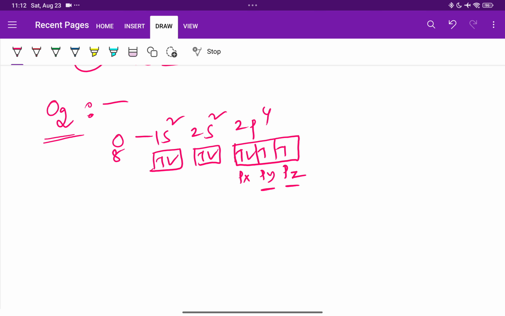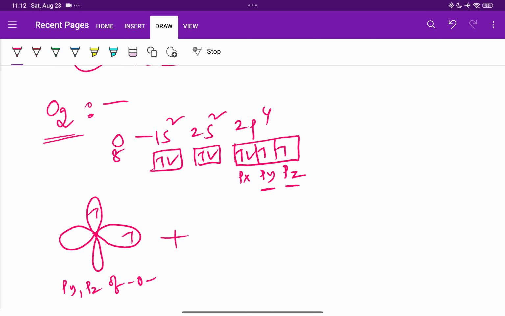You know very well p orbitals are dumbbell shaped. So it is the py, it is the pz, for example, having unpaired electrons. So py, pz of oxygen. Then another oxygen also you have to draw the same, py and pz, but opposite spin, unpaired electrons anti-clockwise. So py, pz of oxygen.